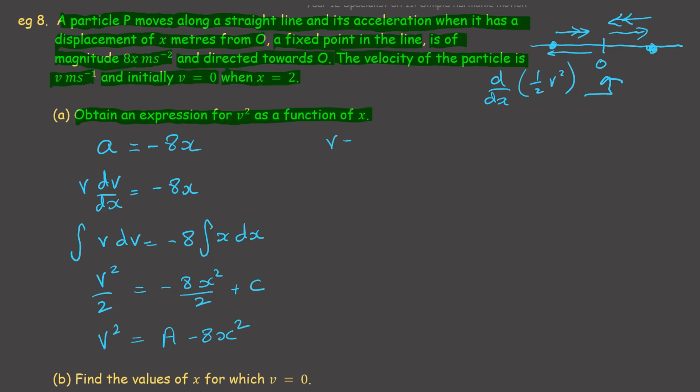We can now use v equals 0 when x equals 2, and that gives us 0 is equal to a, take away 8 times 2 squared. That gives me that a is equal to 32, and so v squared would be equal to 32 minus 8x squared.